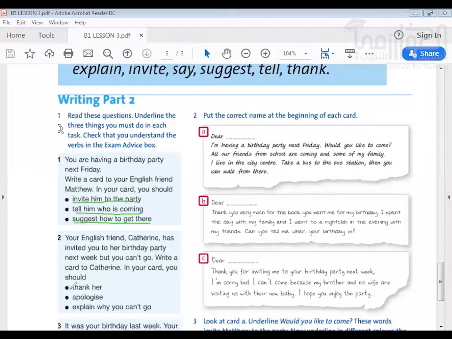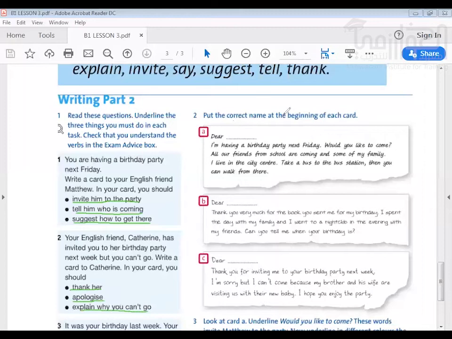Now, the same is here. You can see the bulleted items, the things that have been bulleted are the three things that should be in your letter. And don't forget also that the writing should be between 35 to 45 words. Don't write more than 45 words, and don't write less than 35 words. Now, I want you to match this and write the names.